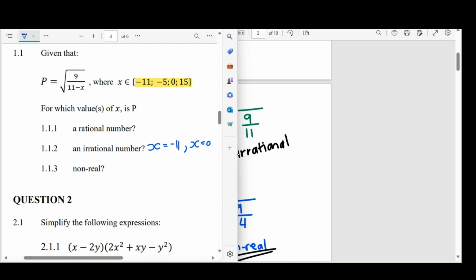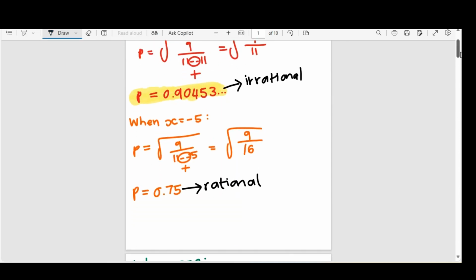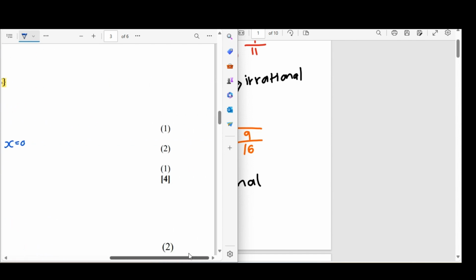The rational number, let's check that. It was rational when x was minus 5. And then it was non-real when x was 15. So that is a nice few marks there. That is 4 marks already.